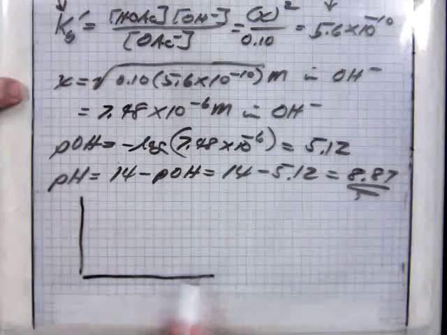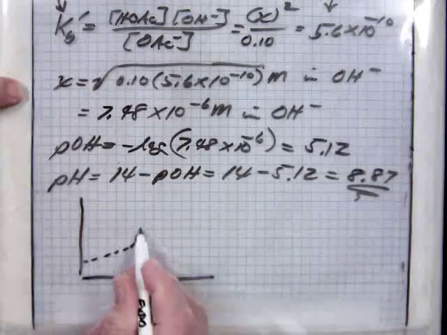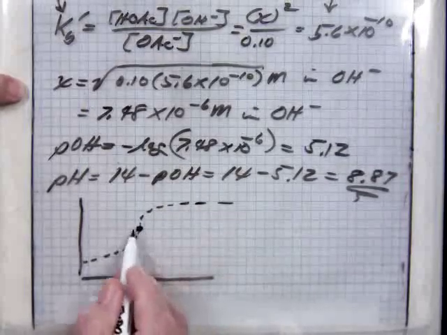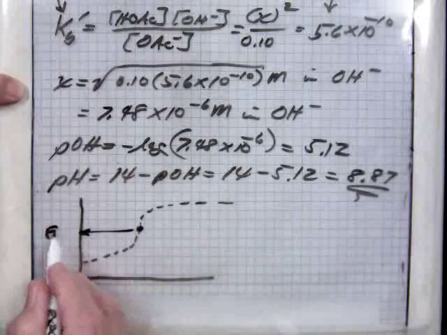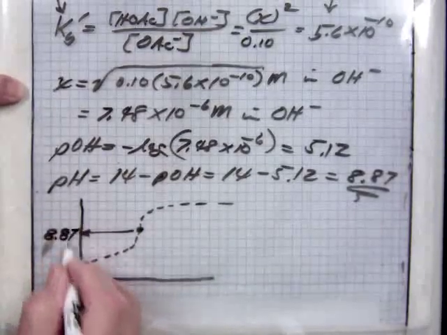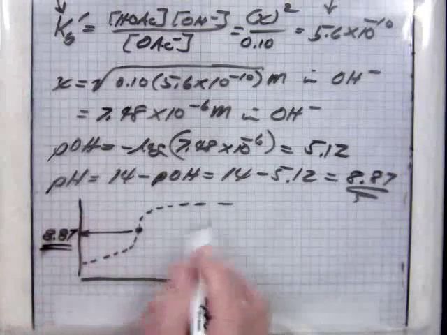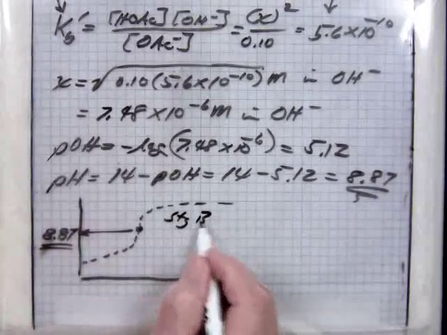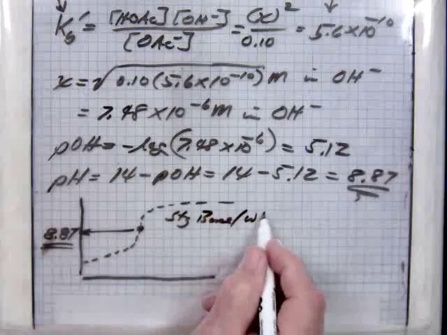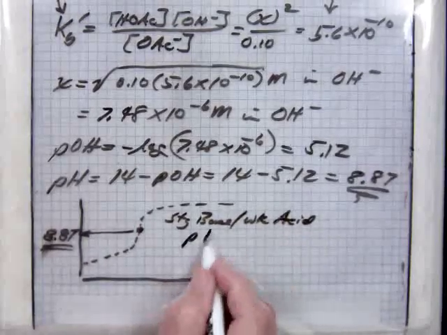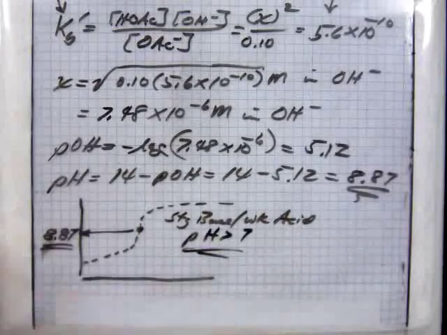So in the beginning of this, I showed you the equivalence point for a weak acid, strong base titration would go through, and this one's 8.87. So it shows the strong base, weak acid pH is greater than 7, or in the alkaline range.